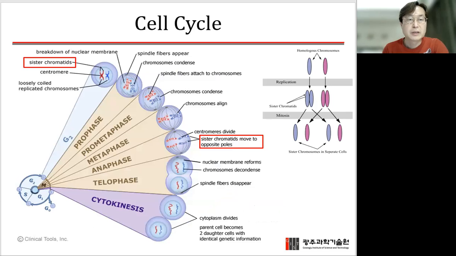So from here, the sister chromatids are shown on the left. Those two are basically chromatids, identical to each other. And then as G2 goes into the cytokinesis step, you can see those sister chromatids are going to be separated from each other and going to the other side.